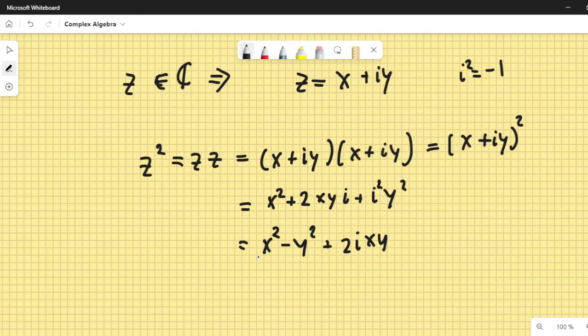So this will be the real part, and here is the i, and the 2xy will be the pure imaginary part. So we recover the x plus iy form of a complex number. It's something you can always do.